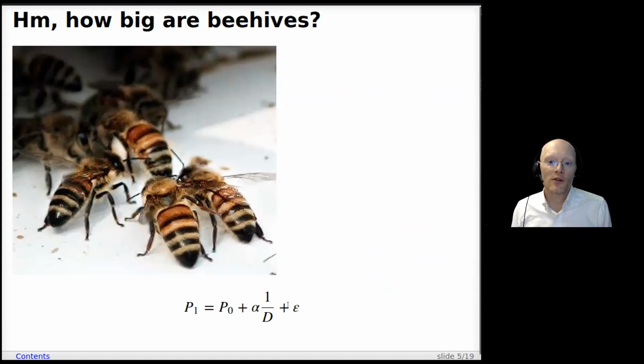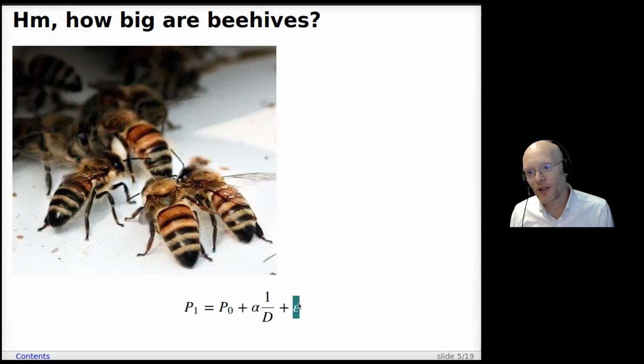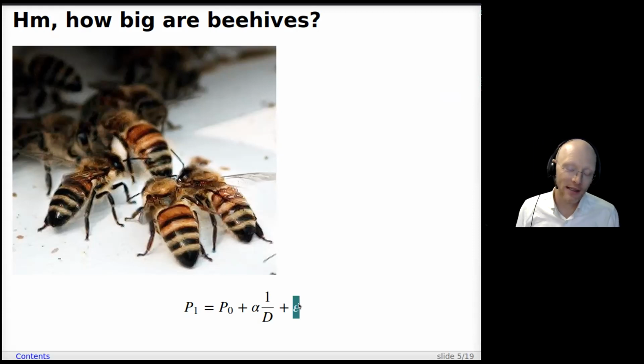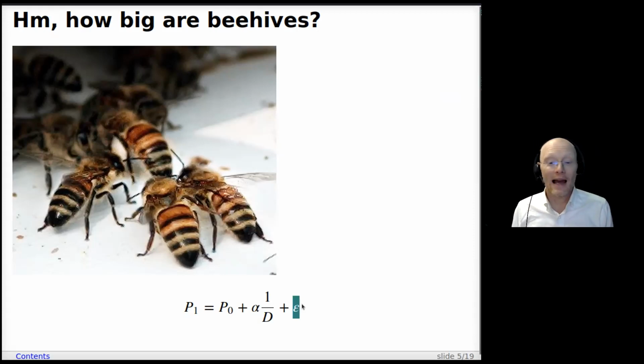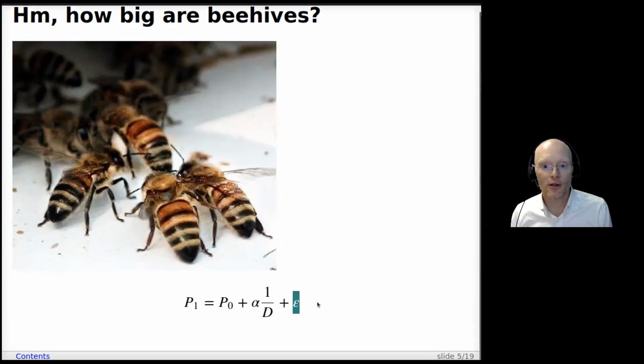So I'm going to show you in a moment that I'll assume that on average, if I laid 1,000 hives out and there were no pesticides, after a year the average size would still be 1,000, but some of them would be 900, some of them would be 1,100, and so on. And there's going to be some natural distribution, natural variation.